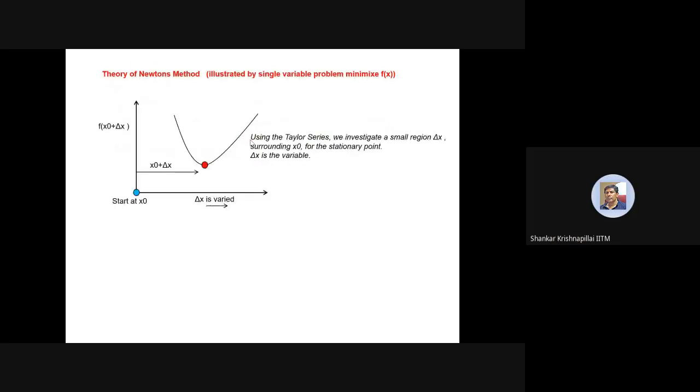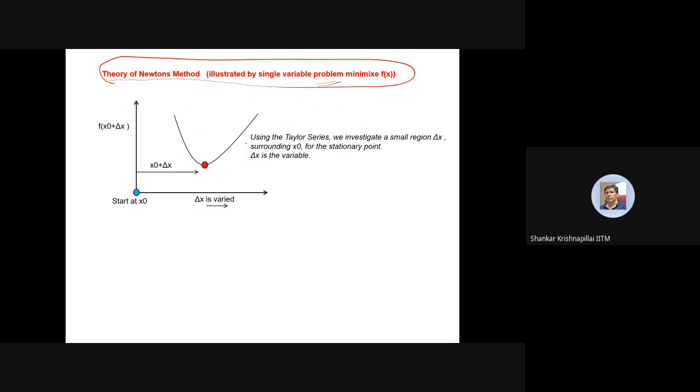Newton's method is based on the Taylor series expansion, which is truncated up to the second derivative. So we'll understand the theory of Newton's method based on a single variable problem, and later we'll insert more variables and make it two variables. That is the easiest way.